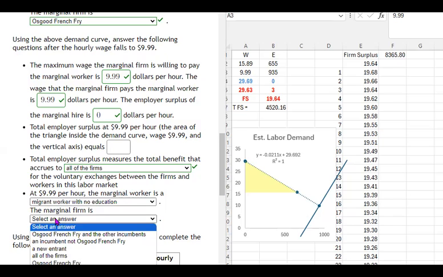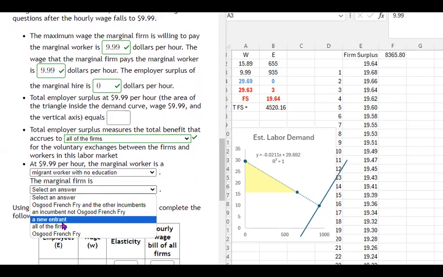And the marginal firm, like we mentioned, is not an incumbent. It's not Osgood French Fry Company. Osgood French Fry Company has the highest production costs of the incumbent firms, who are all low-cost firms. So it's not the incumbent firms excluding Osgood, and it's not all the firms.